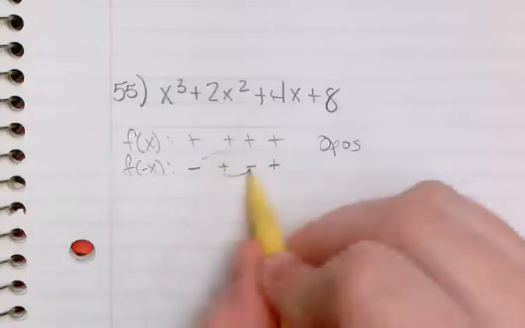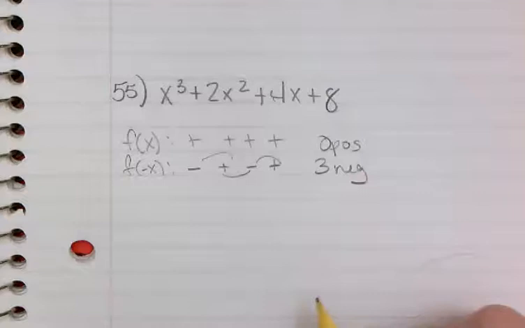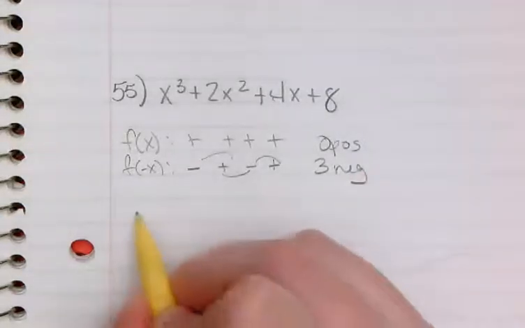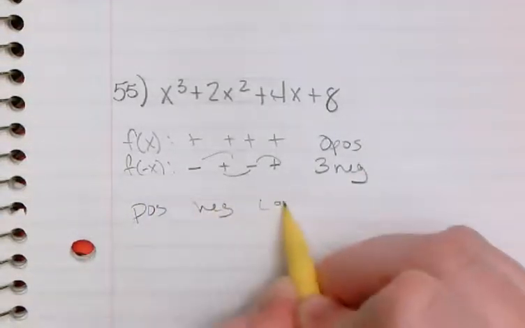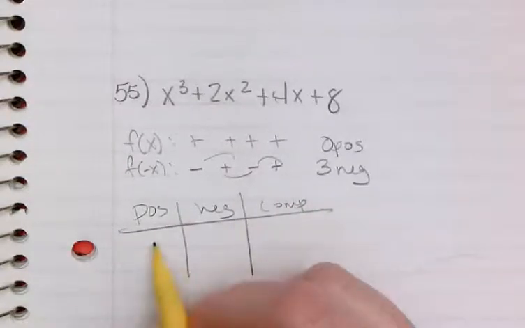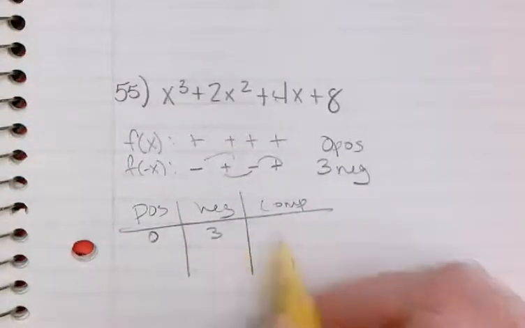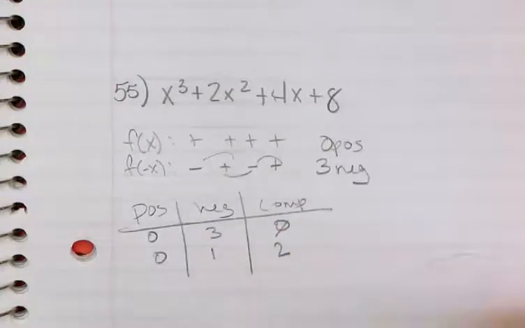So I have 1, 2, 3 negatives. Okay, so chart: positive, negative, complex. I have 0 positive, 3 negative, 0 complex, or 0 positive, 1 negative, and 2 complex.